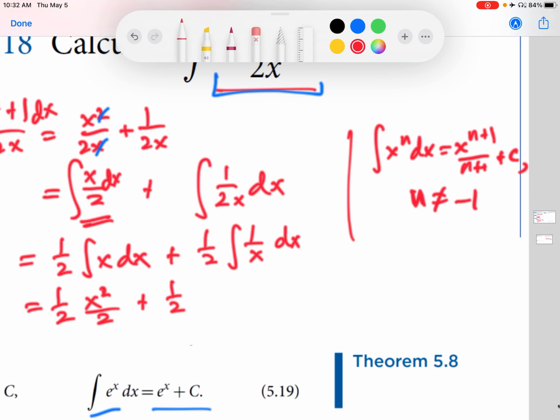And you can see why, right? If we're going to divide by n plus 1, if n equals -1, we're dividing by 0. So we can't do that. Therefore, this restriction was always there for the integral version of the power rule. So finally, we are now going to discover what happens when you integrate 1 over x, in other words, the n equals -1 case.